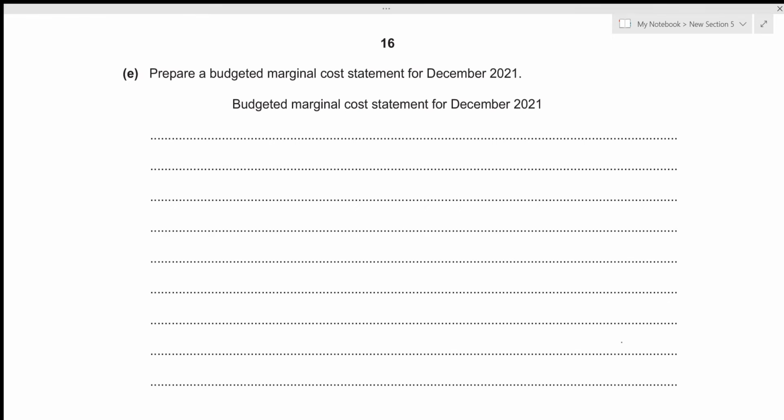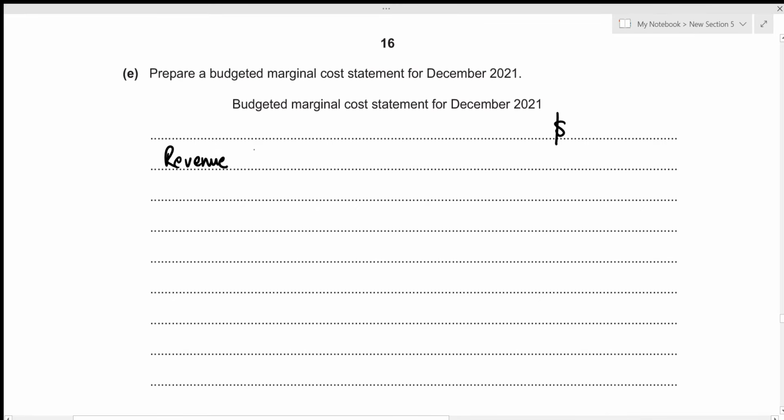So we now need to prepare a budgeted marginal cost statement for December 2021. So for the budgeted marginal cost statement, we first figure out the total contribution, and then we subtract the fixed cost so that we get the profit for the month in this case. So let's start from the revenue.